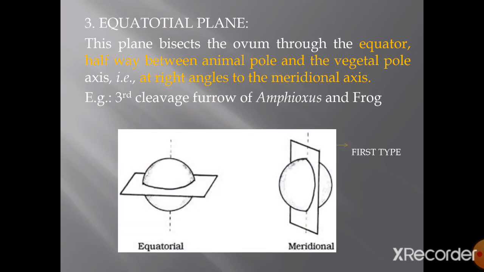So in this slide, you can see the diagrammatic representations of the cleavage equatorial plane and meridional plane. The first diagram shows the equatorial plane and the second diagram shows the meridional plane. So the third cleavage furrow of Amphioxus and frog represents the equatorial plane.